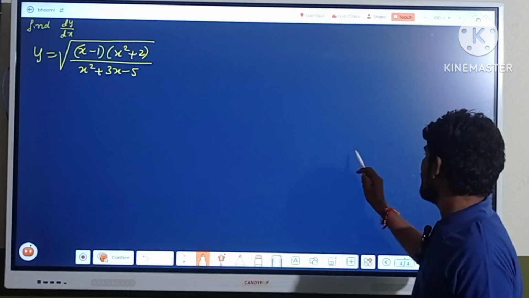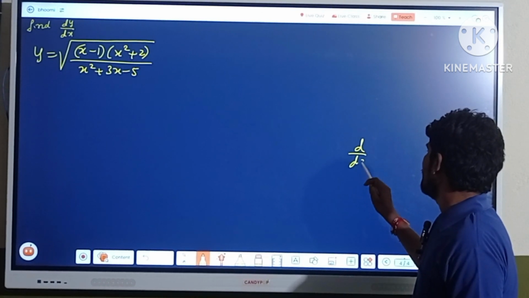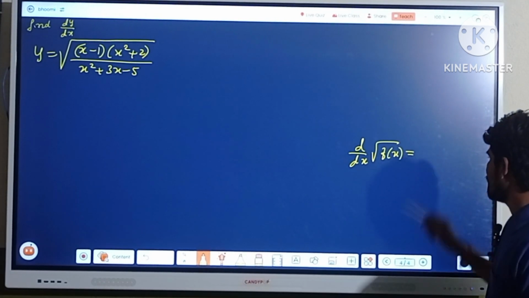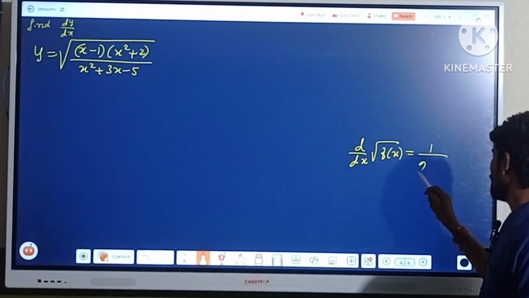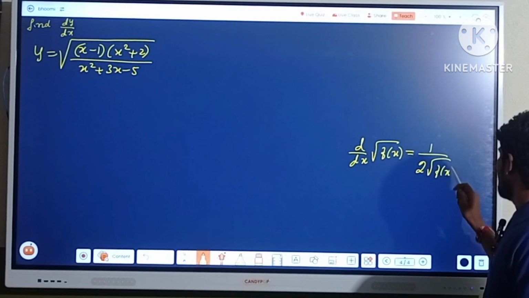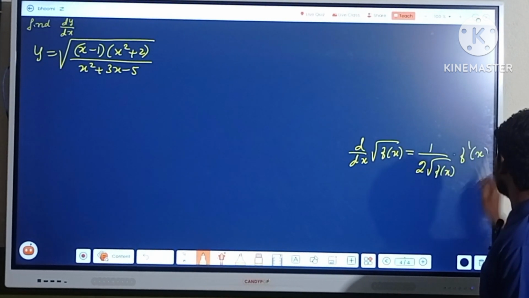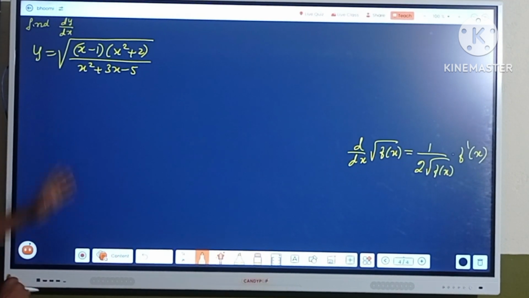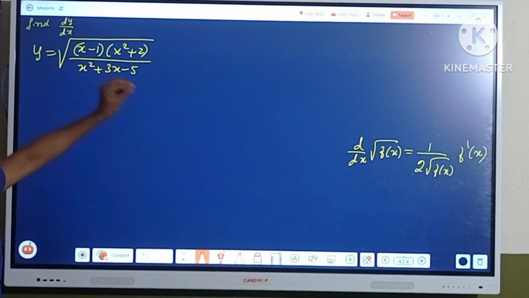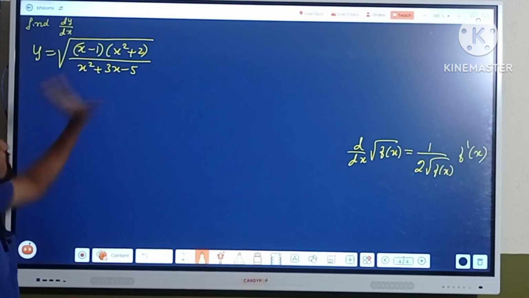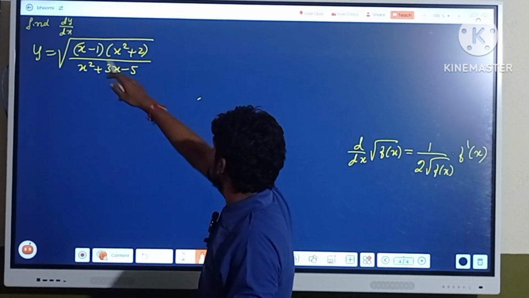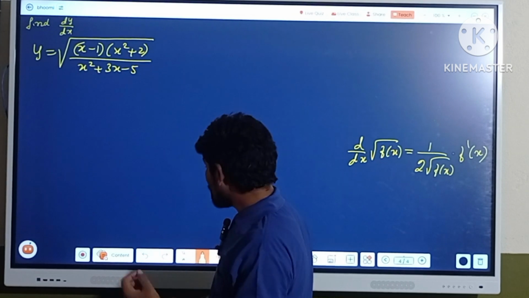We know the formula for the derivative of square root of something: it is 1 divided by 2 square root of something into the derivative of something. But here something is a big thing. To differentiate this using the chain rule, we can easily differentiate the square root, but to differentiate the inside we need the quotient rule, and within it the product rule. So it takes too many steps.